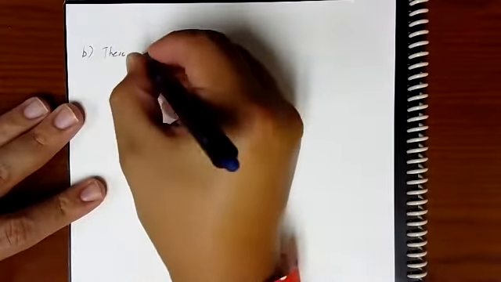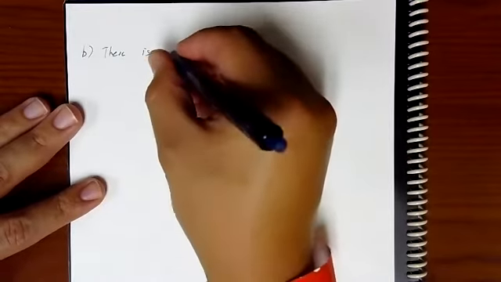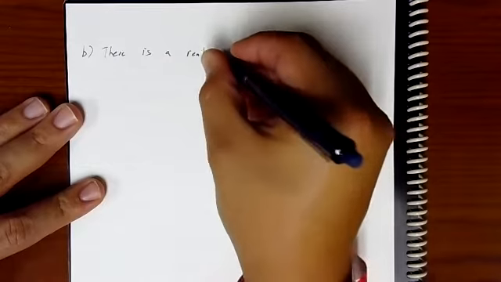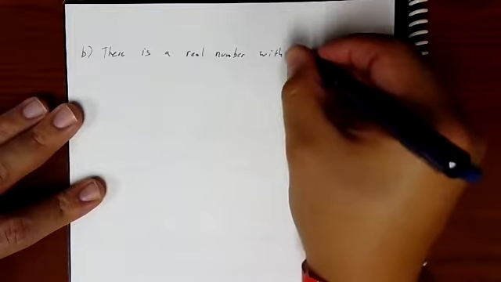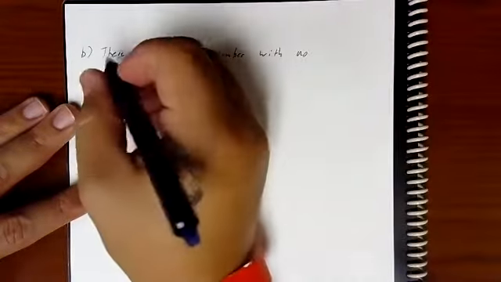All right, let's do another one. Part B. The statement is: there is a real number with no reciprocal.